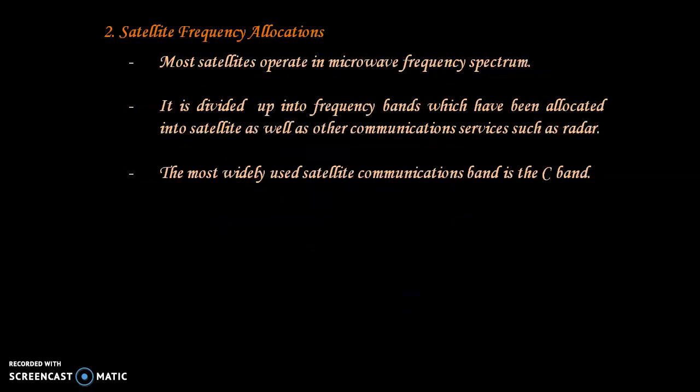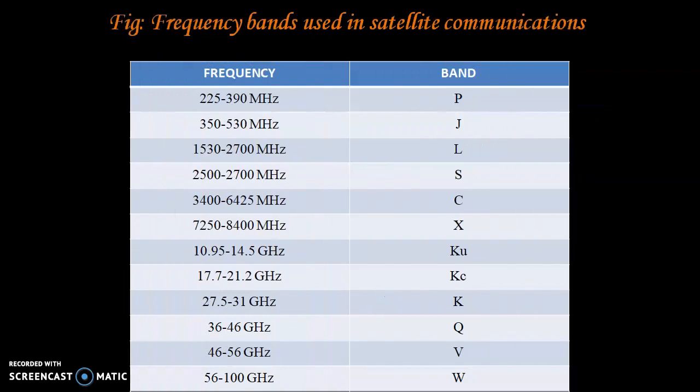Frequency allocation. Most satellites operate in the microwave frequency spectrum. The most widely used satellite communication bands are C band and Ku band.